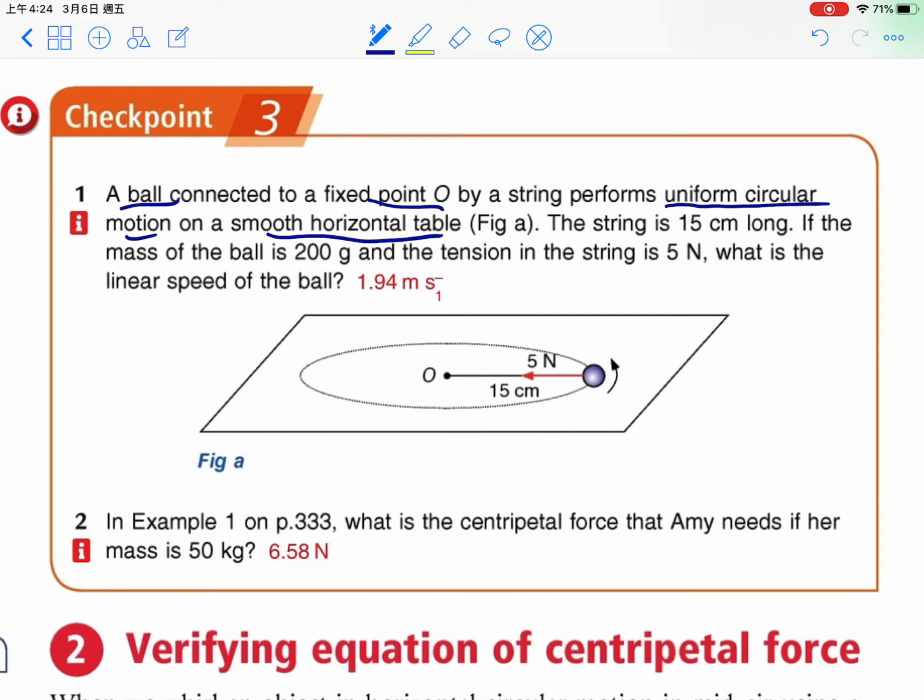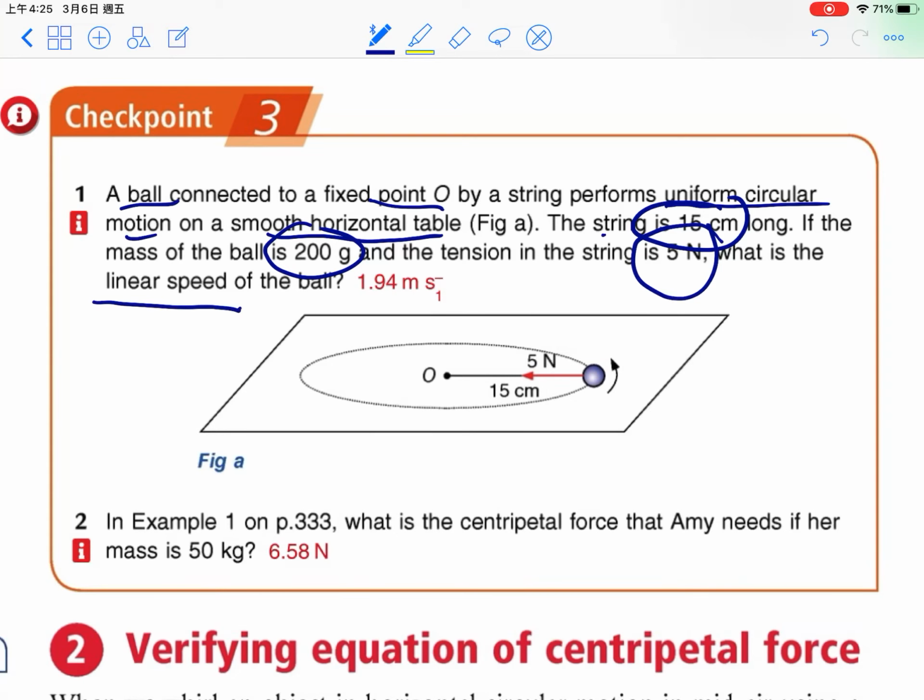So where does the centripetal force come from? It comes from tension. So now we have a string of 0.15 meter, a mass of 0.2 kg, and a tension of 5 newtons.